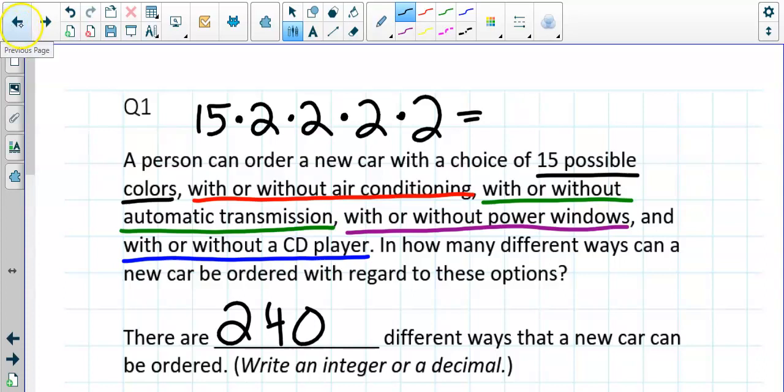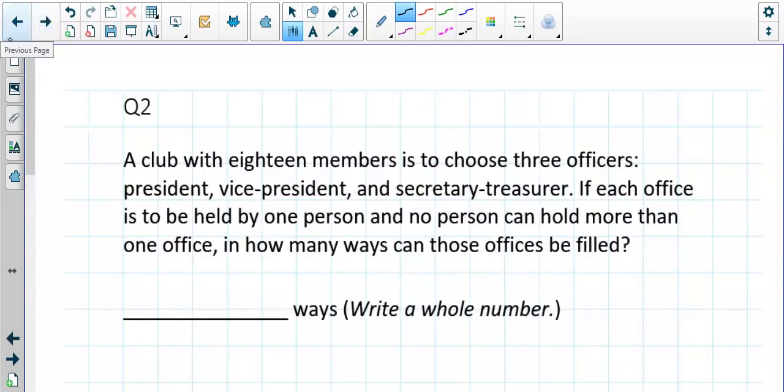So let's move on to question number 2. So it says a club with 18 members is choosing 3 officers: president, vice president, and secretary/treasurer. If each office is to be held by one person and no person can hold more than one office, how many ways can these offices be selected? Well, if you think about this, remember permutation, it's all about order mattering.